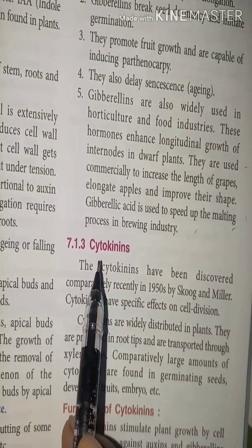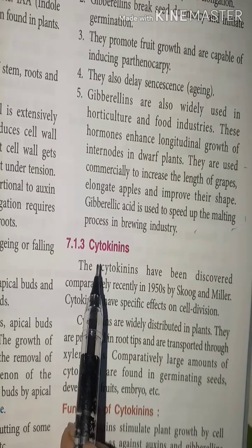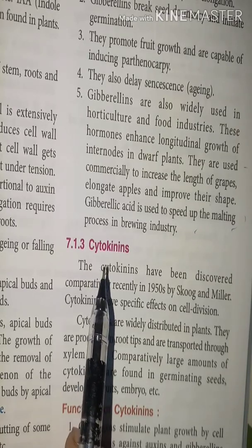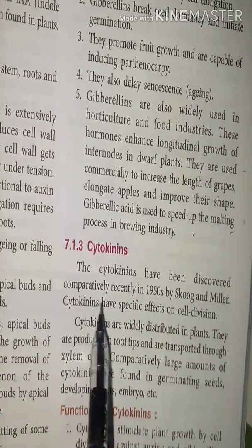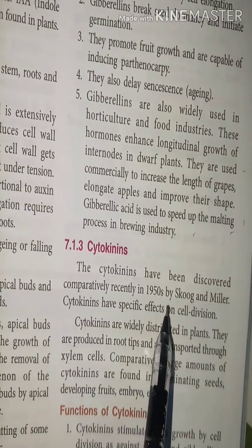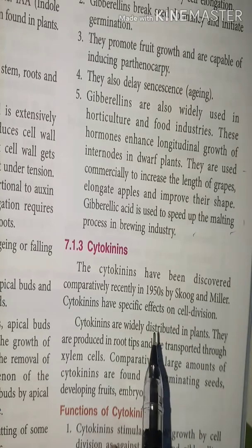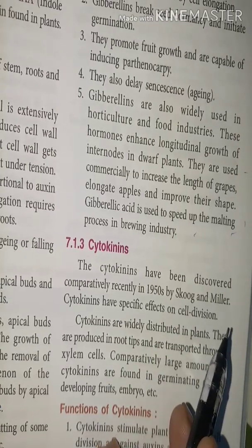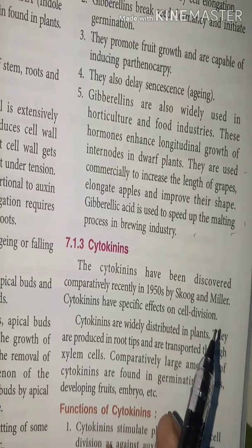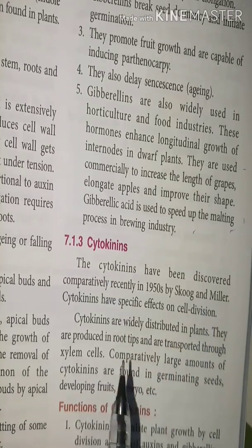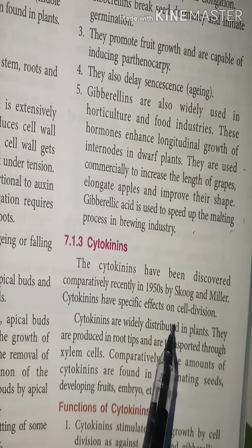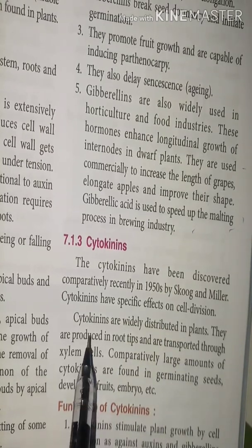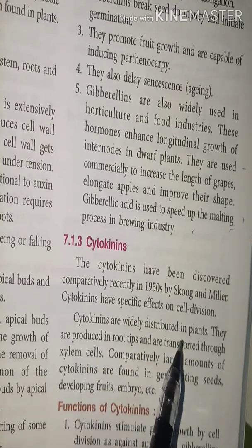Cytokinin, as the name suggests, must be related to the cytoplasm of a cell. Cytokinin was discovered comparatively recently, in 1950, by Skoog and Miller, and it has a specific effect on cell division. Cytokinins are widely distributed in plants.